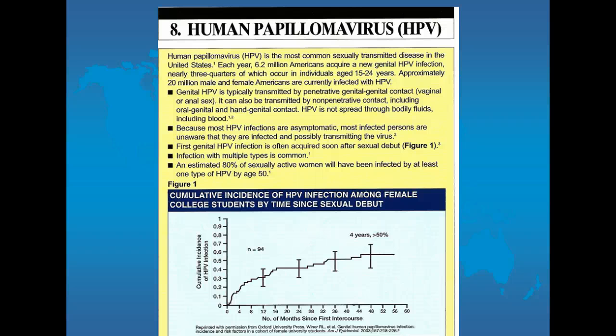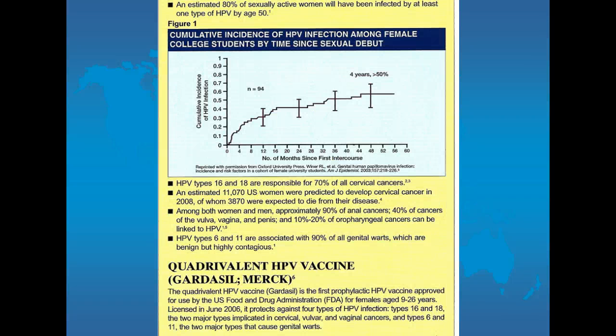I don't want to spend too much time on all this, but it's a very commonly sexually transmitted disease, and it causes a lot of cancers. We're going to get to that list in a minute. It's estimated that 80% of sexually active women will have been infected by at least one type of HPV by the age of 50. And it talks about the Gardasil, and there's another one, but the other one doesn't actually help against genital warts.